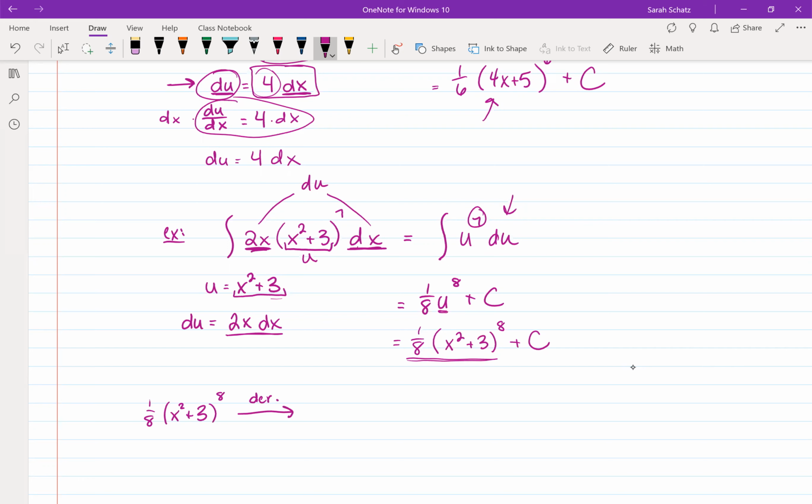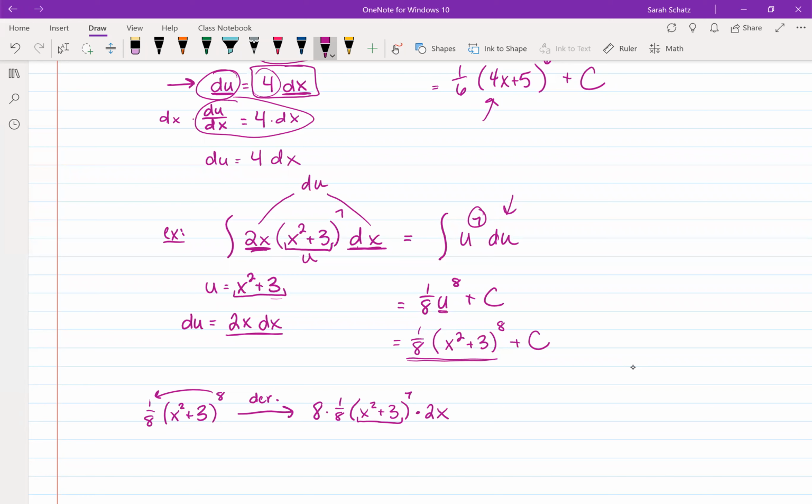Well, what would I do? I would bring the 8 down in front, so I would have 8 times 1 over 8, x squared plus 3. I'd take a power away and get the 7th. And then because of chain rule, I would multiply this by the derivative of what's in the parentheses, and I would get that 2x.